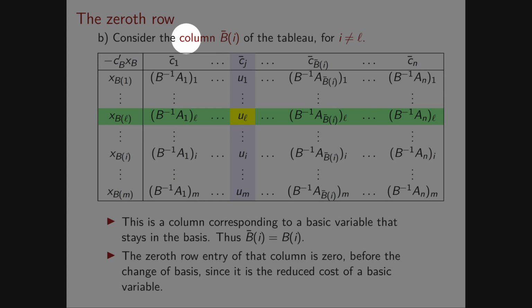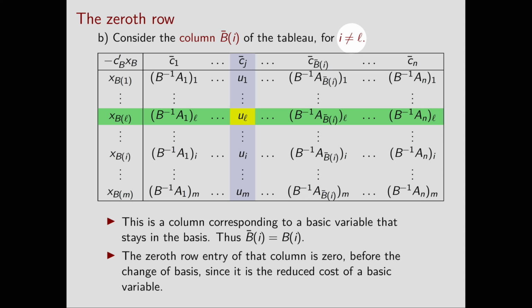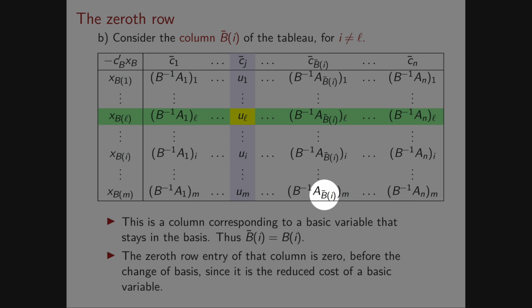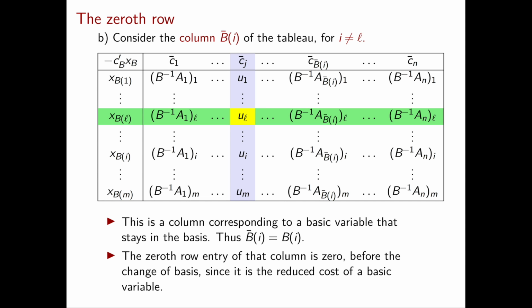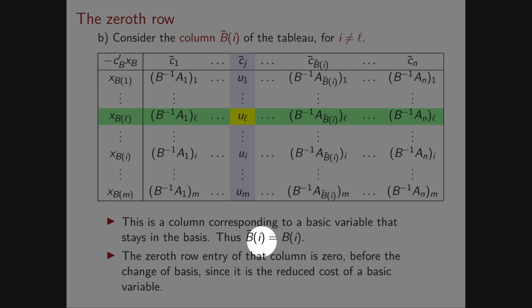Next, we consider the columns B bar I of the tableau for I different from L. In this table, we visualize this column over here. And note that this is the table at the beginning of our iteration. Note that this column corresponds to a basic variable that stays in the basis. In other words, we have that b bar I is equal to bi.